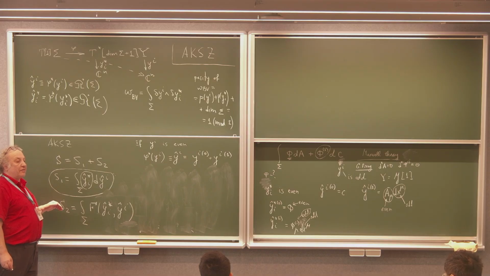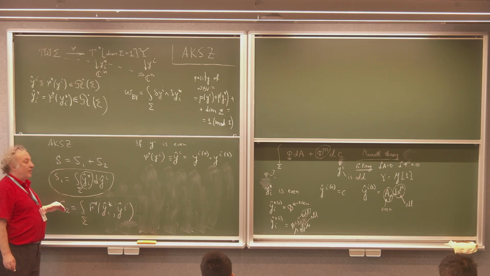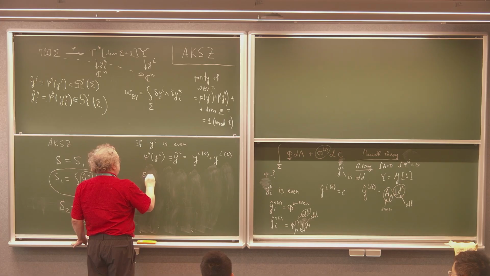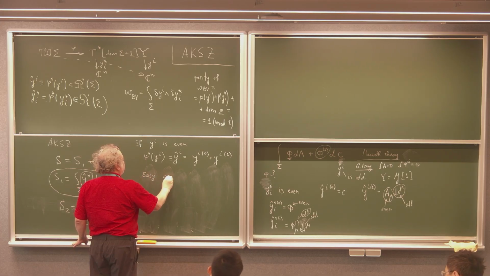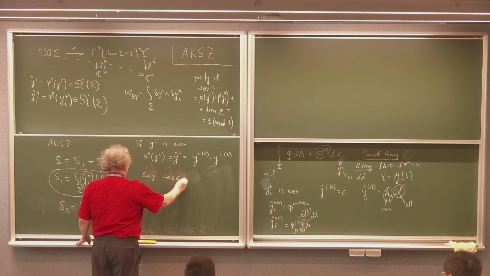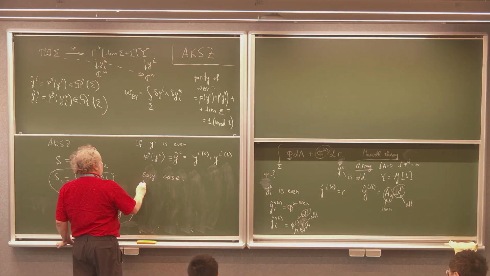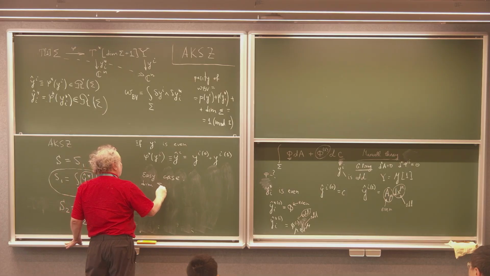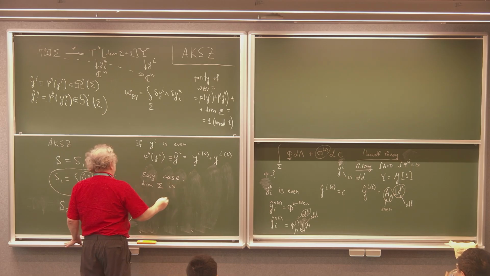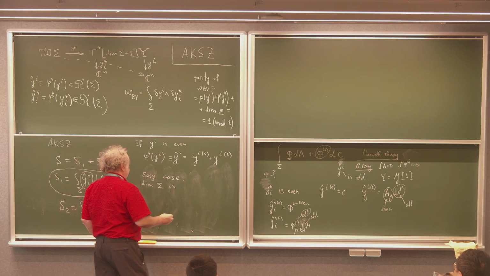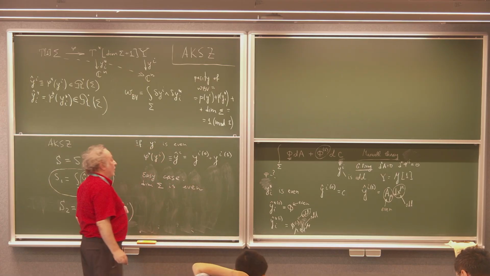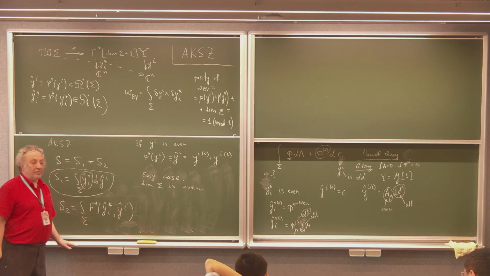In the first case, and this is the easiest case that we will consider today, the dimension of sigma is even. And today we will talk only about this case.